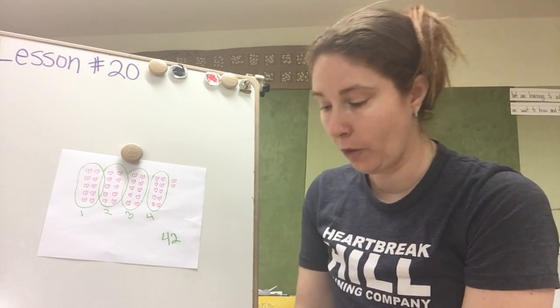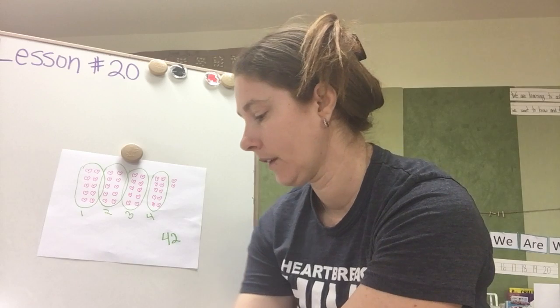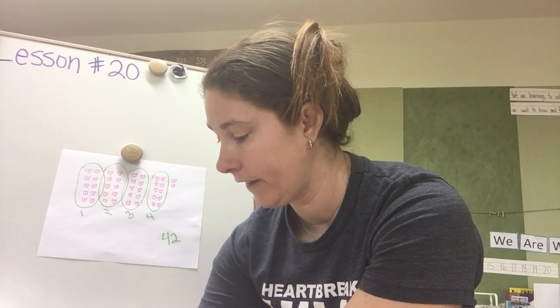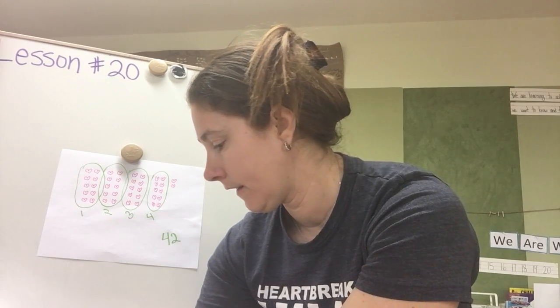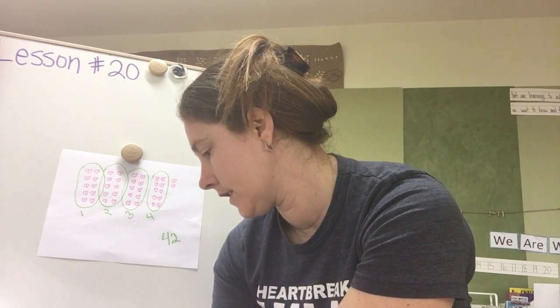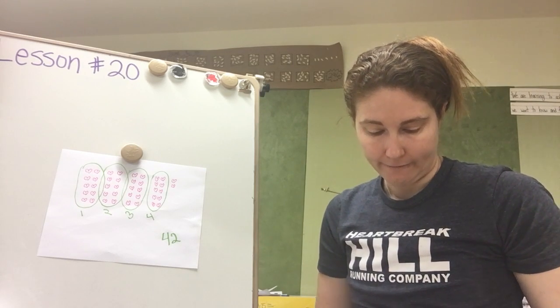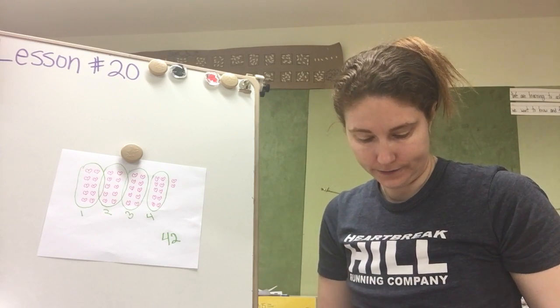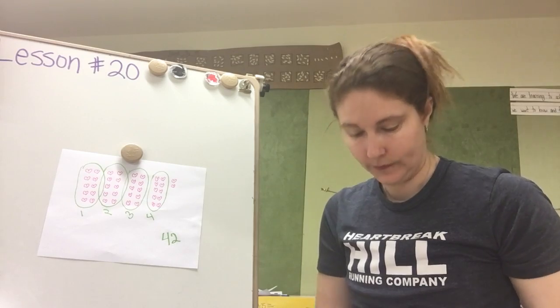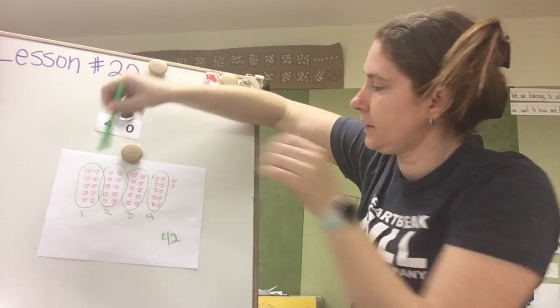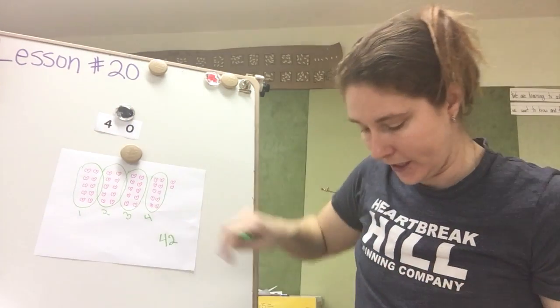So we worked on building those numbers last time. Remember, we would have the 40, the 4, let's see if I can find it. If we had our 40 card, like that, that represents these 4 groups of 10.